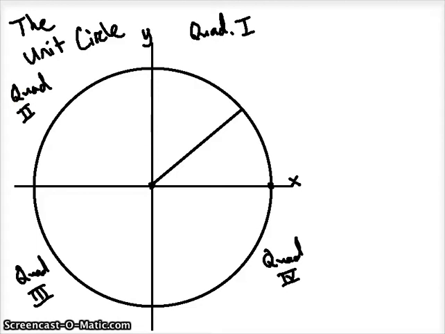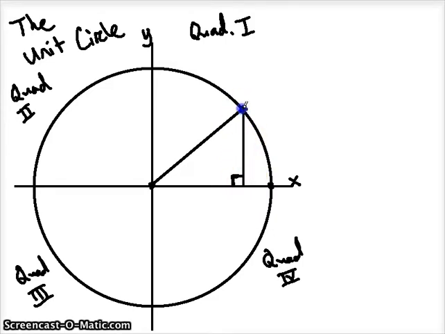So what we're going to do is draw a right triangle in the first quadrant and explore some unique things that happen in a unit circle. So here's a right triangle sitting in quadrant 1. The length of the bottom of the triangle is that x value from here to here, and the length of this side of the right triangle is going to be the y value from there to there.